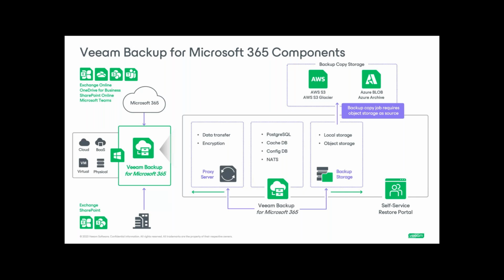So this has to be primary backup into object storage, and then backup copy into object storage as well. So you could go from Azure Blob to, say, AWS S3 Glacier if you're looking to maybe get some different retention or have a backup copy of that data.